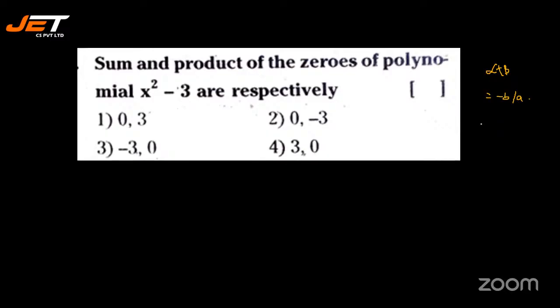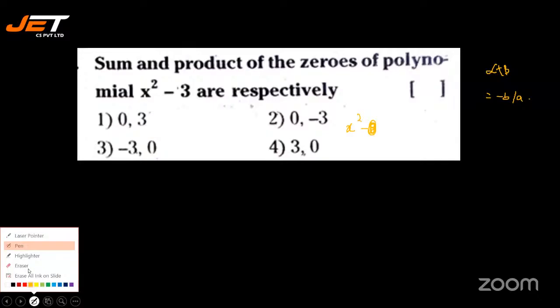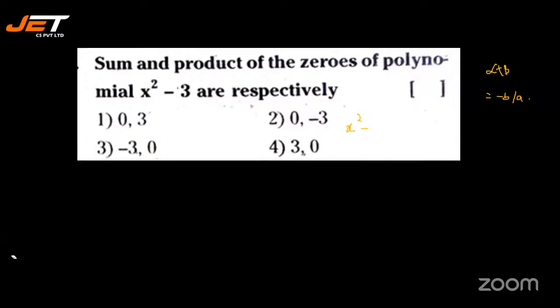So, here the equation is x square minus 3, that is x square plus 0x minus 3.